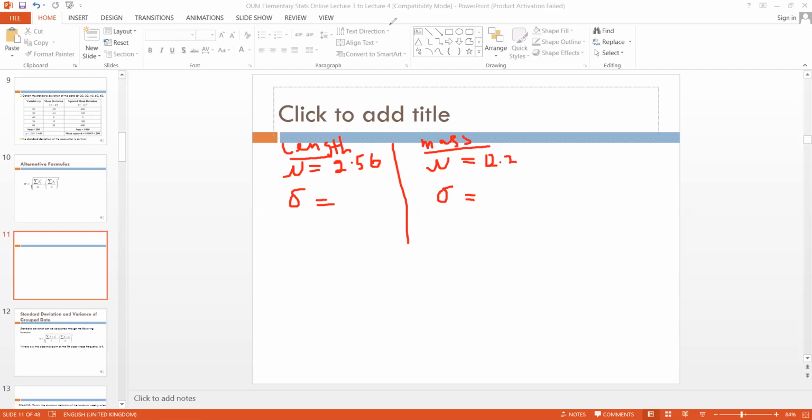Can you give the formula for the standard deviation again? It is the square root of summation of x minus mu, squared, over n.